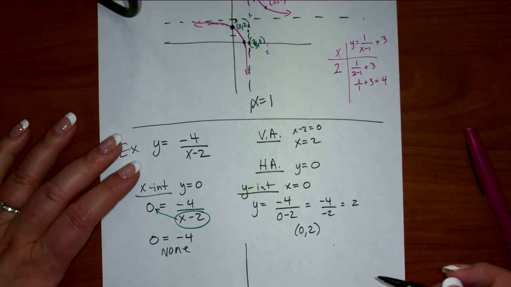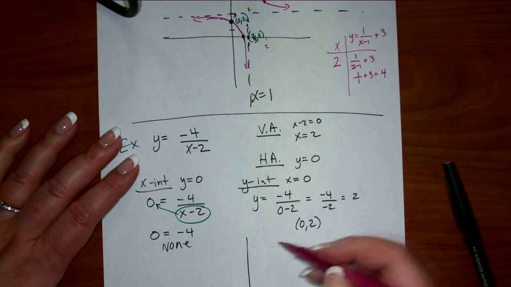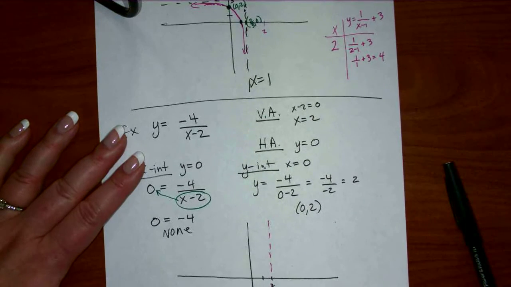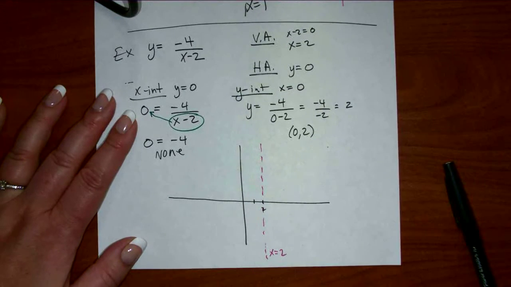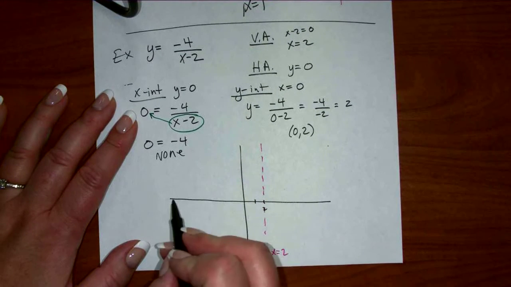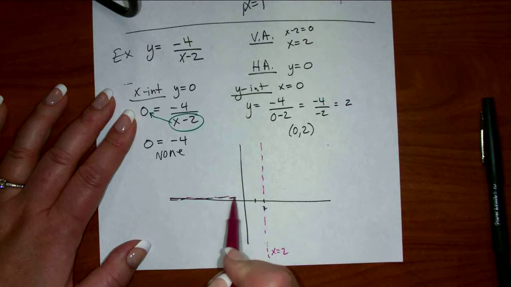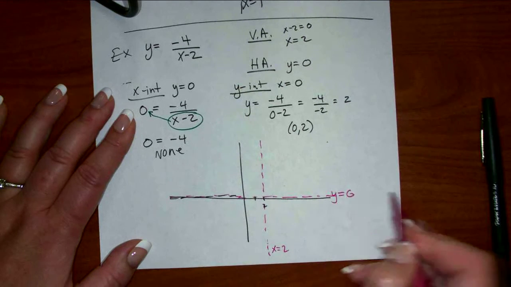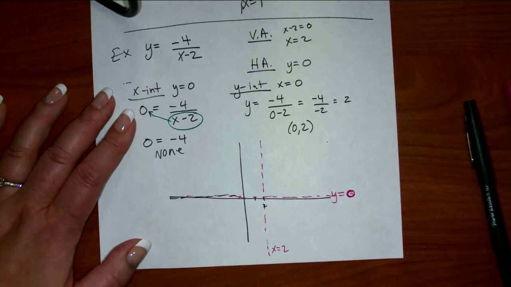So our vertical asymptote is that x is 2. And our horizontal was at 0, so that's right on the axis. We only have 1 point to plot.